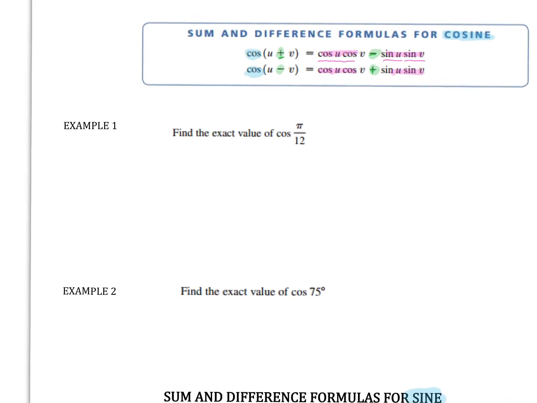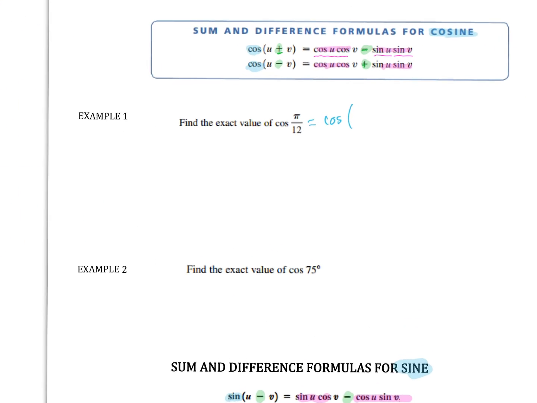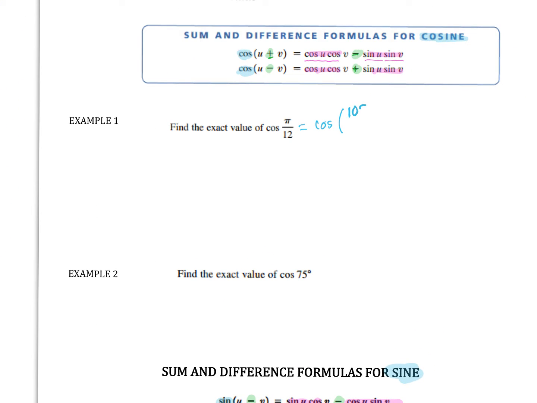I want to rewrite this cosine of pi over 12 as the cosine of, as we just decided, 10 pi over 12 minus 9 pi over 12.